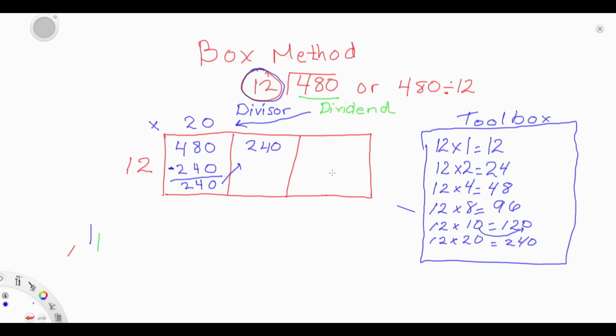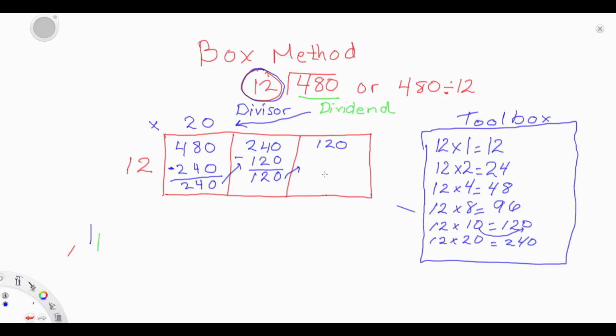So I'm going to subtract 120. 0 minus 0, 0. 4 minus 2, 2. 2 minus 1, 1. So that leaves me with a difference of 120. The answer to a subtraction problem is called the difference. Now I'm going to take that 120 and move it to this box.